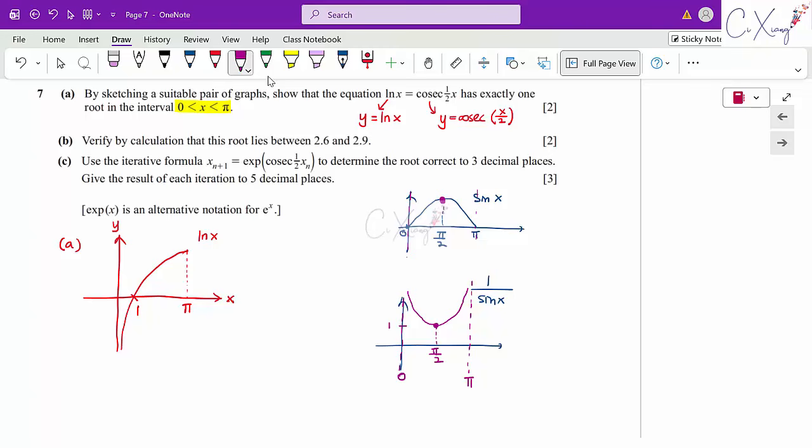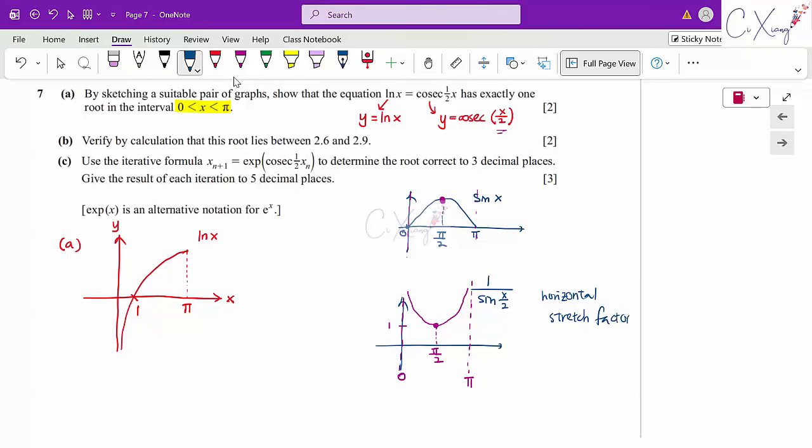Now we are looking for cosecant x over 2. What we should do here is multiply. When you have x over 2, that means you have a half inside your basic function. Therefore, it is a horizontal stretch with a stretch factor of 2.